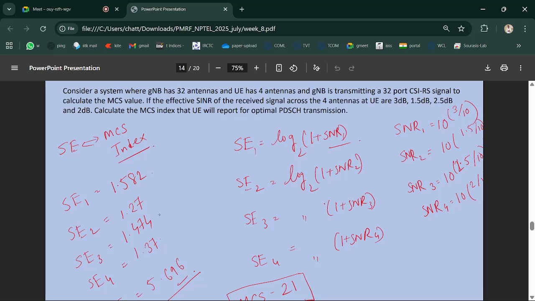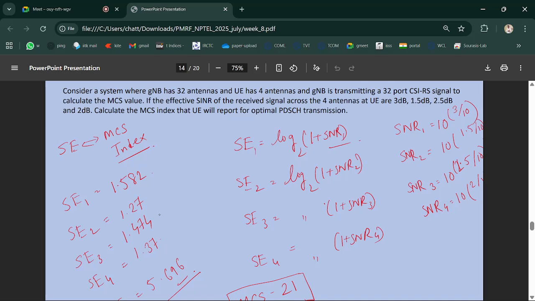This reasoning, as of now, I am not having very good clarity. I will need to check it, and then only I can answer. You can take your time and let me know, because I just want to understand whether the calculation is correct or a mistaken calculation. And if the calculation is correct, then practically, if the UE receives that low SNR in dB, will it actually report that high SNR?